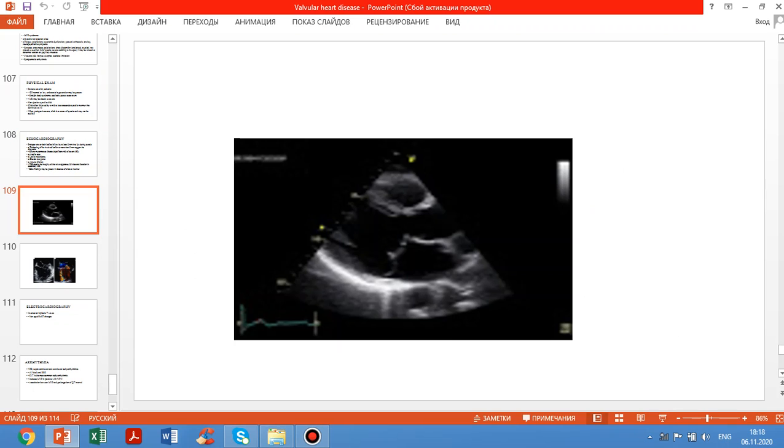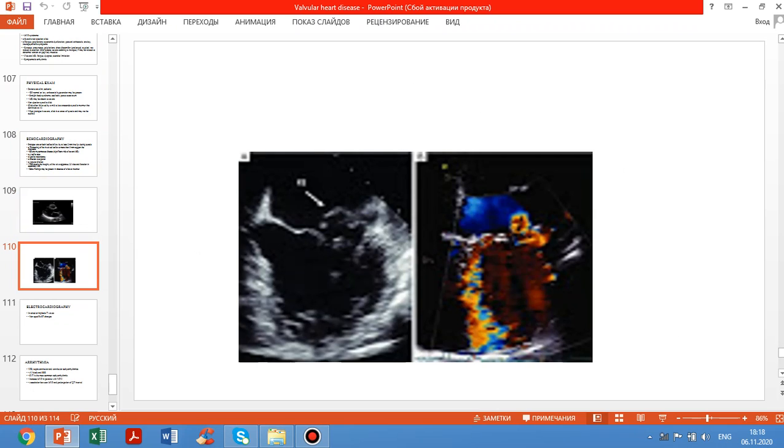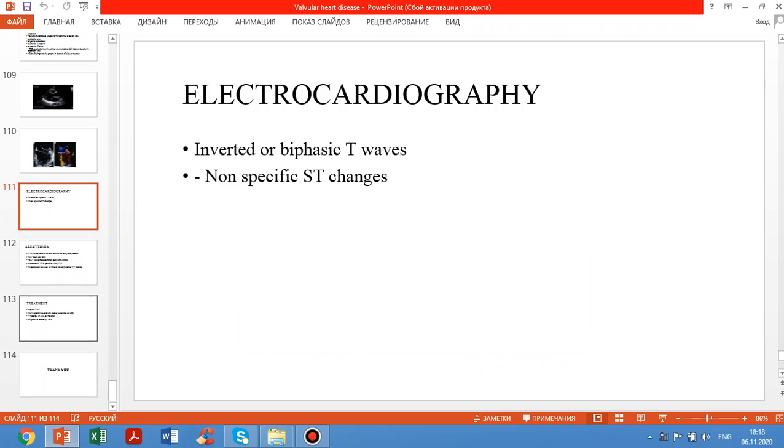In this slide you can see mitral valve prolapse. In this picture you can see mitral valve prolapse with regurgitation. In electrocardiography you can see inverted or biphasic T-waves, non-specific ST changes.